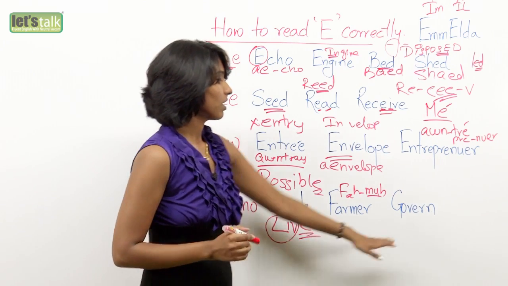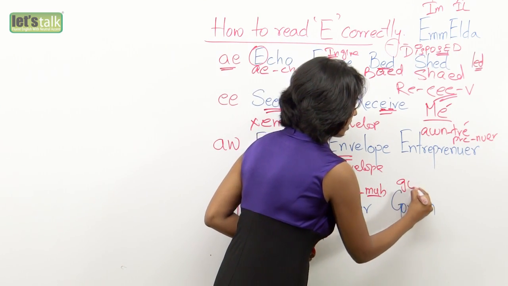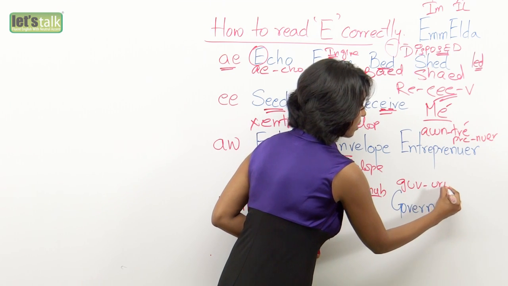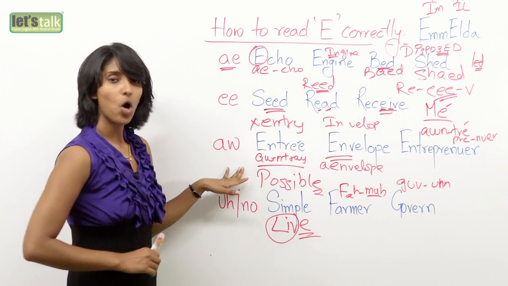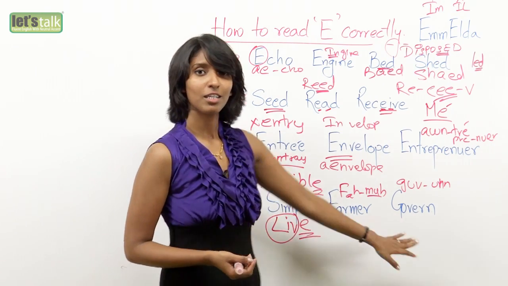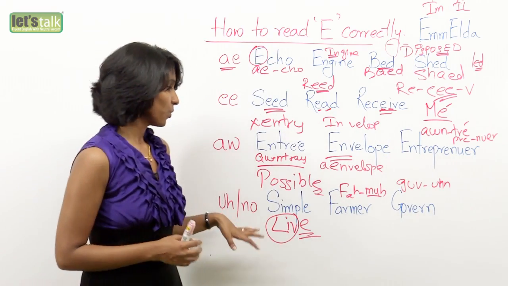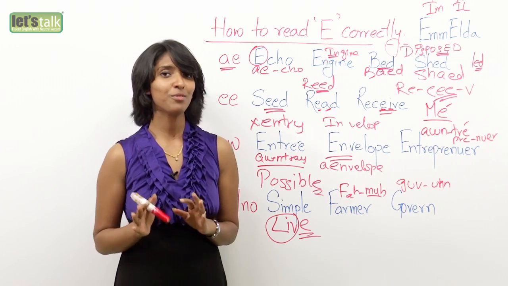Govern. Earn. Govern. Possible, simple, live, farmer, govern. So these are the words where E is actually consumed by the other letters. You don't really pronounce them.